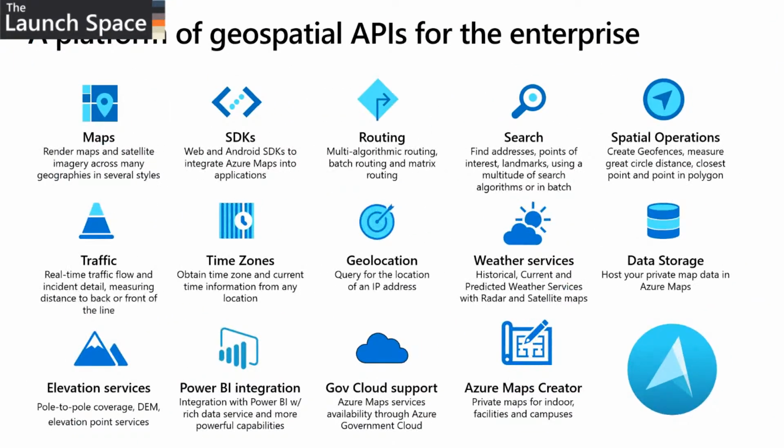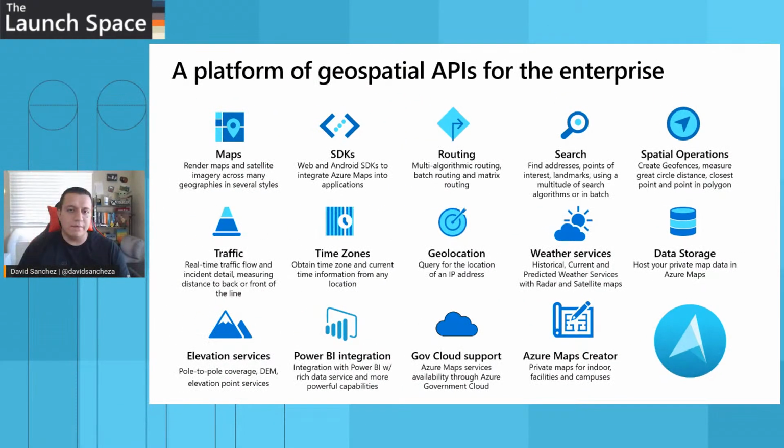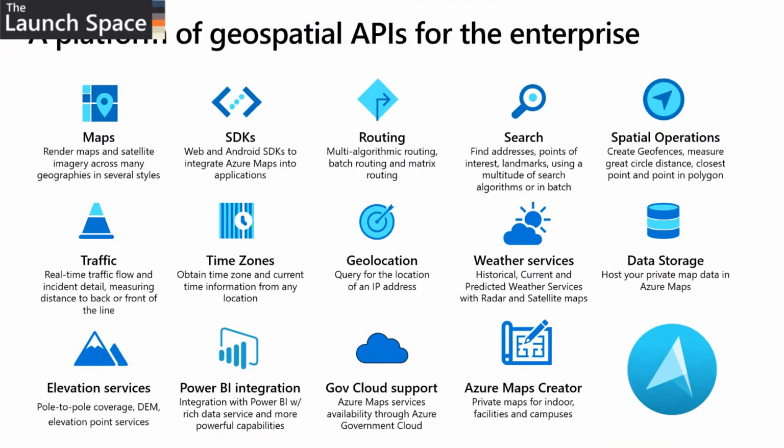We have the weather service that is provided through AccuWeather. And this could bring historic weather data, the current data, and also forecast up to 45 days. We have the data storage, but we will talk about that in the Azure Maps Creator. We have the elevation service, which provides global coverage.